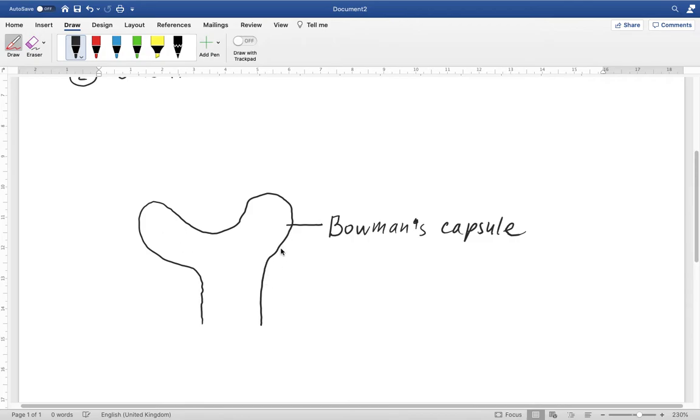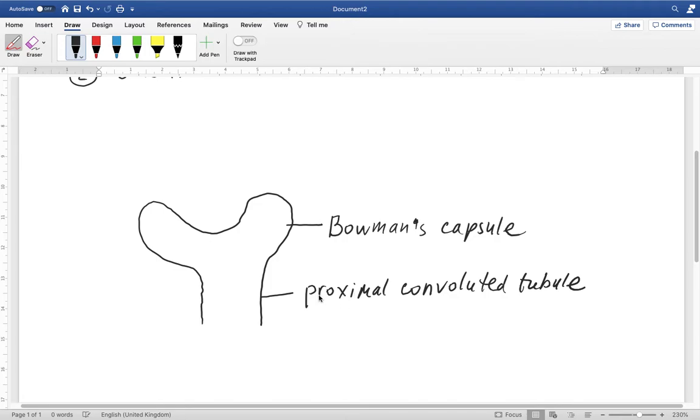And then further on, when you leave that cauldron, you're going to arrive at the first section of the nephron beyond Bowman's capsule. This first section is called the proximal convoluted tubule. I know, it's a bit of a mouthful, isn't it? So, proximal convoluted tubule, right?